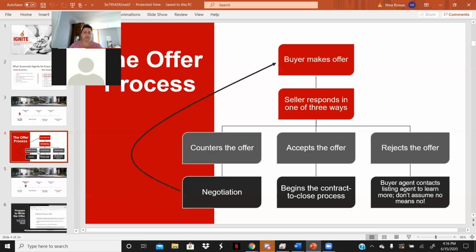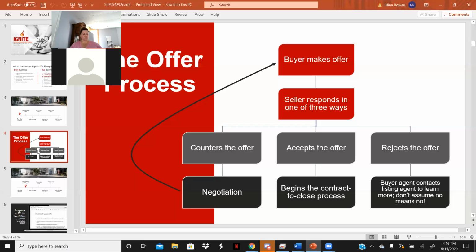But most times it's verbal, and you're working it out through the evening or an afternoon, which is okay. But in the end, you want to make sure that all of those counter offers are in writing and are done the right way. So go over them with your buyer as you're going through, and make them aware.